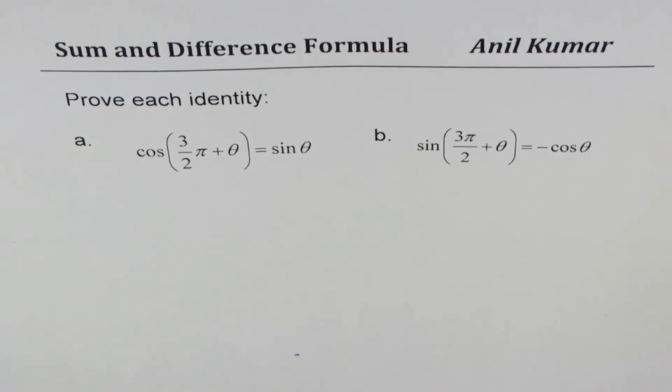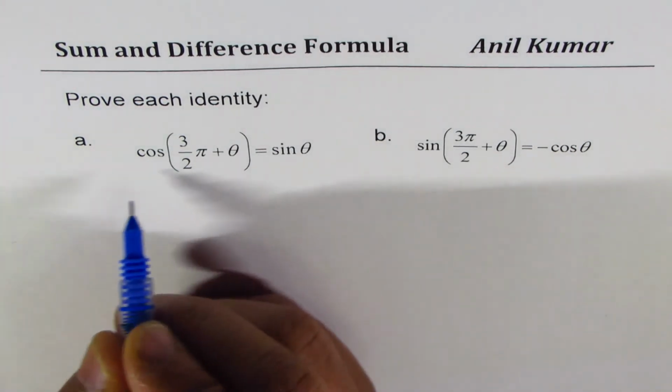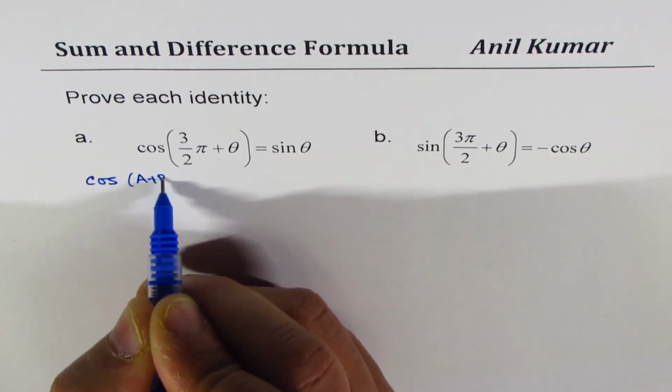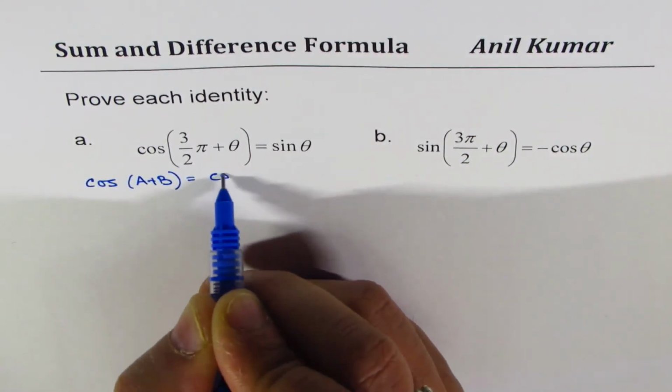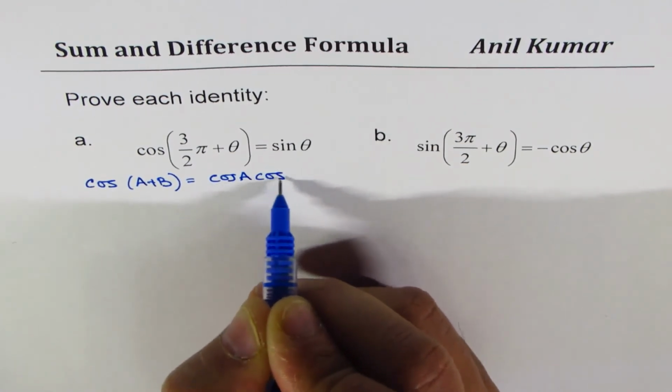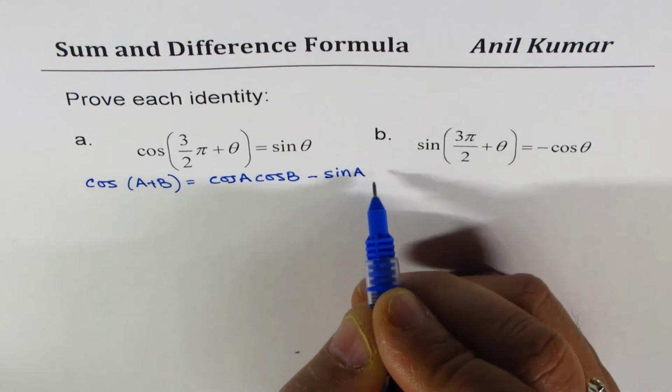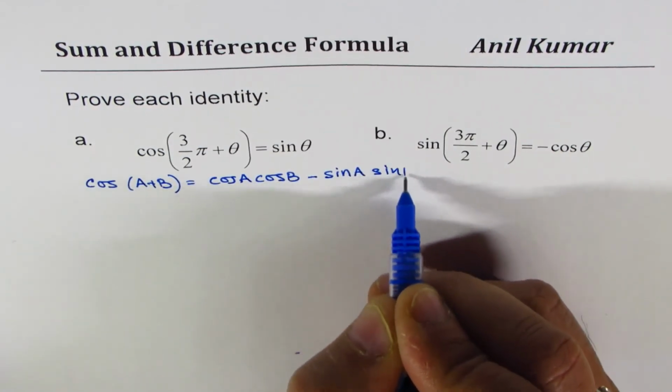You can take this as a practice question, pause the video, answer, and then look into my suggestions, right? So what is cos A plus B? Cos A plus B is cos A cos B minus sine A sine B, right?